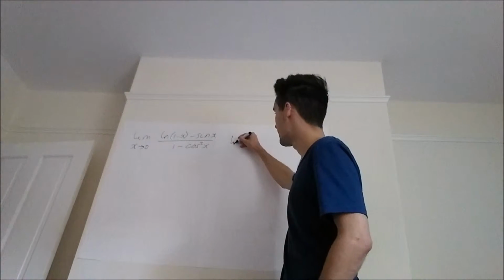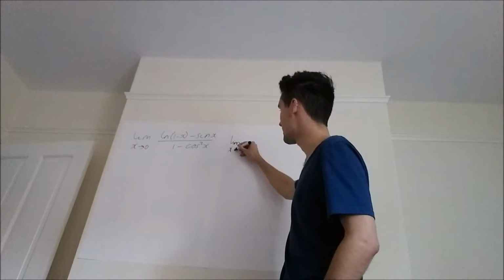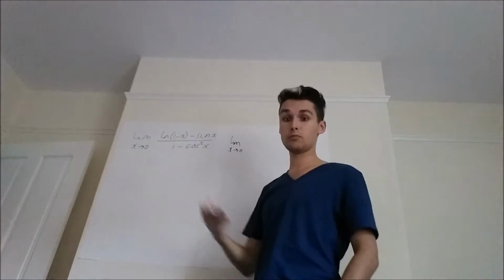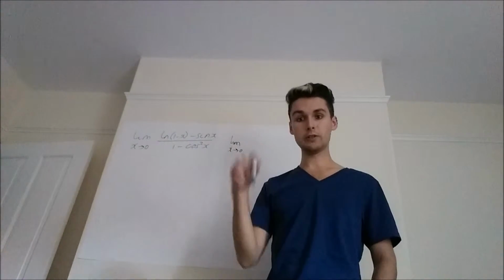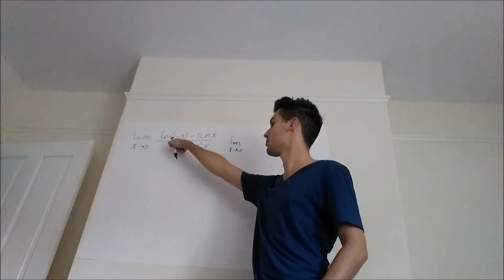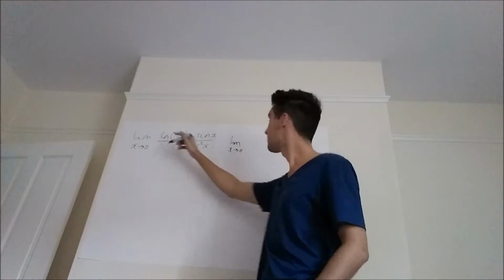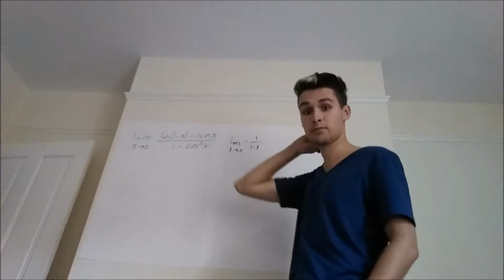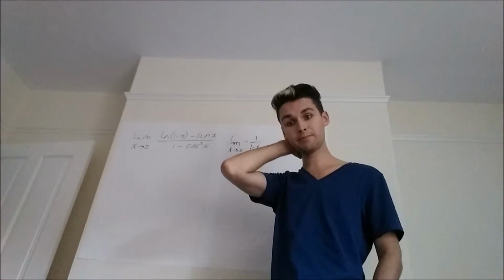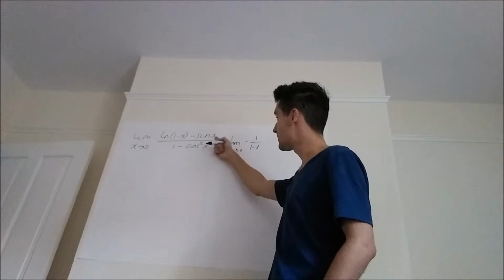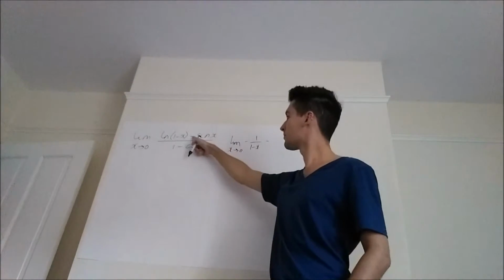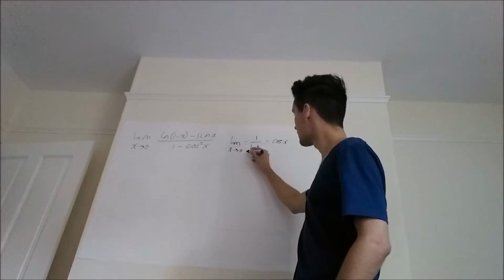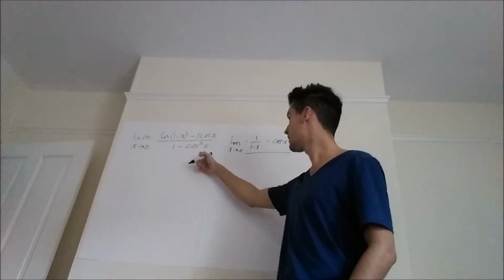So, the limit as x tends to 0 of, if we differentiate the top, well, log of u goes to 1 over u, but we've got an extra factor of minus from in here, so we're going to get minus 1 over 1 minus x. You can do it by substitution, you just have to be careful. This thing over here, well, we've got minus, sine goes to cos, all over this thing over here.